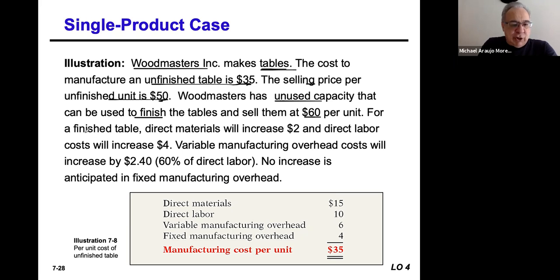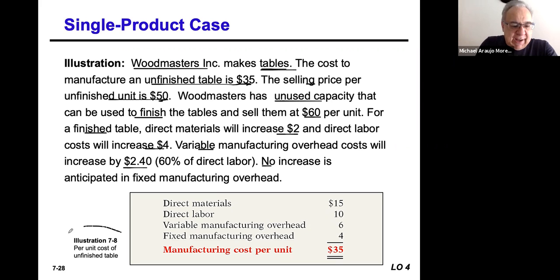However, for a finished table, they're going to incur some additional costs. It'll increase direct materials by $2, and direct labor will increase by $4. Variable manufacturing overhead costs are going to increase by $2.40, 60% of direct labor. And of course, there's no change to the fixed overhead.